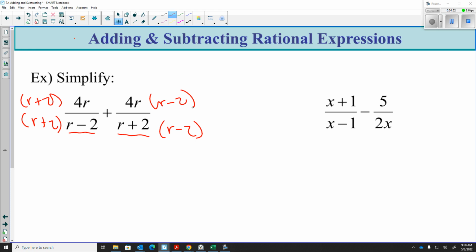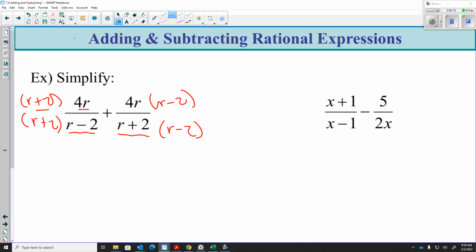But here, I'm actually going to multiply what's on top because I want to be able to combine stuff in the end because I'm adding it. So I want to be able to combine some like terms. So I'm actually going to multiply what's on top. I'm not so concerned about multiplying what's on bottom because all I care about is that the bottoms match each other. All right?